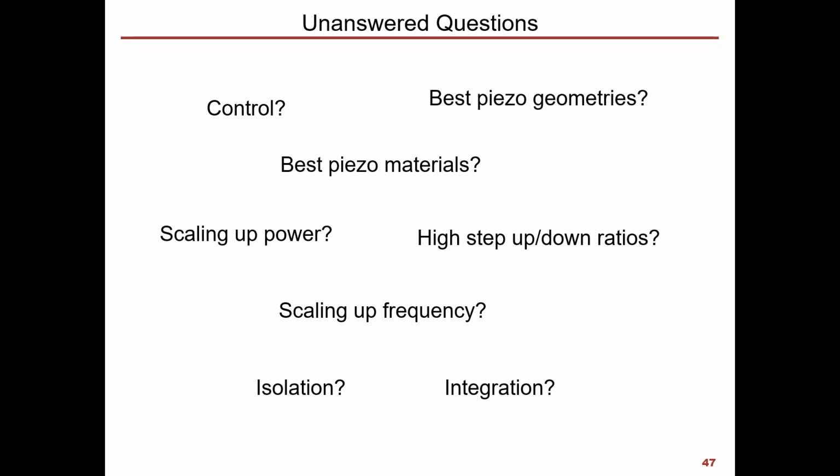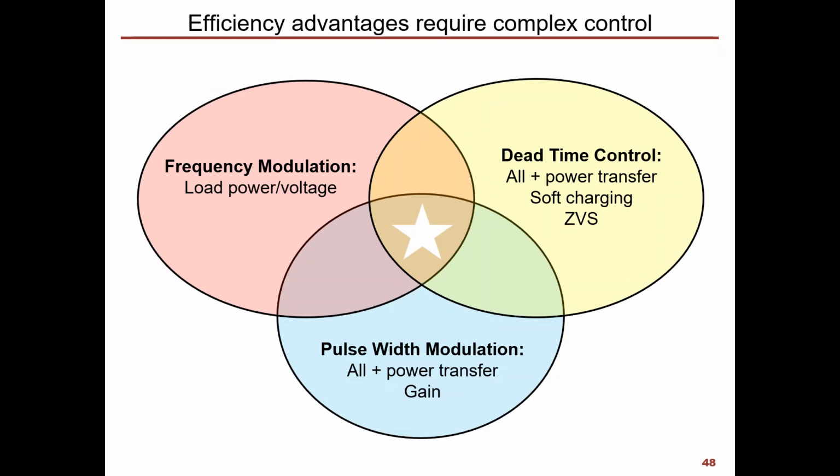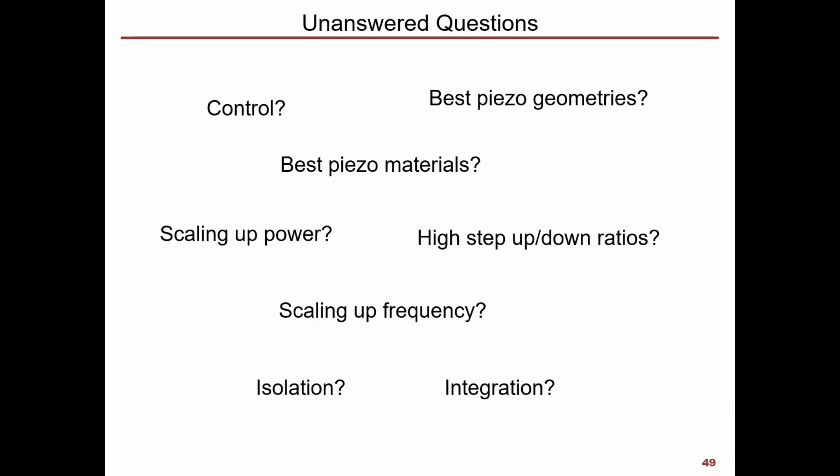How are we going to control this piezo-based converter for all the high efficiency behaviors we want? We'll zoom into that a little more closely to show that we do have to modulate frequency, but we also have to modulate dead time and the pulse width. There's only one solution that will give us all the high efficiency behaviors we want. So that's pretty difficult and challenging going forward.